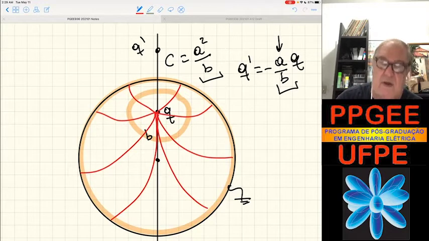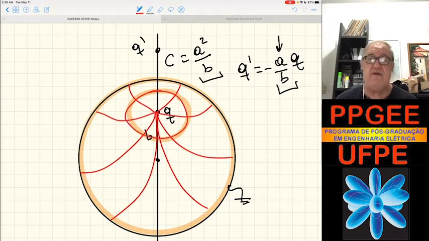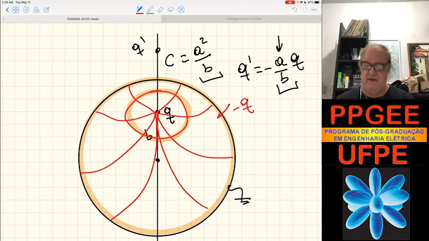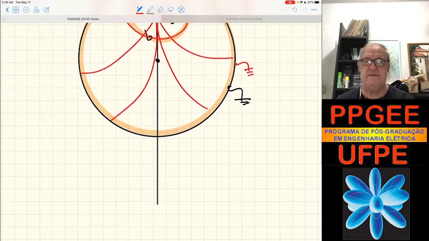So by Gauss's law, the flux that crosses this closed surface is equal to Q. So it means that the induced charge is minus Q inside of the sphere. So I ask you, what's the charge outside of the sphere?